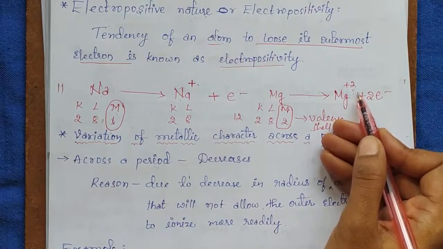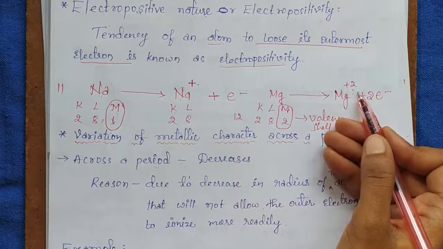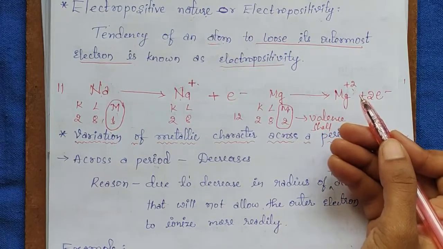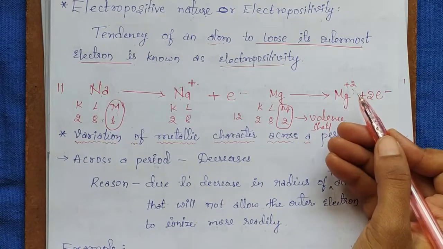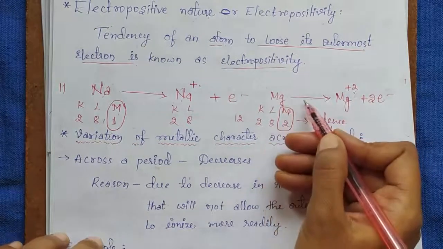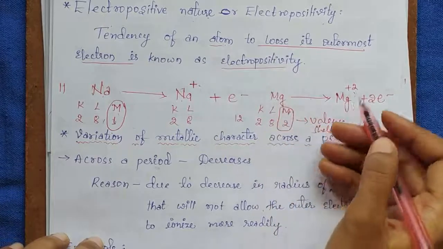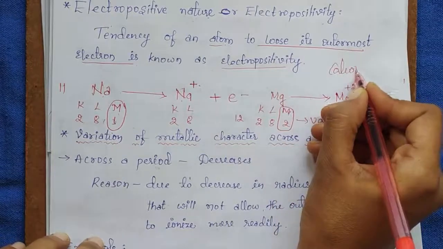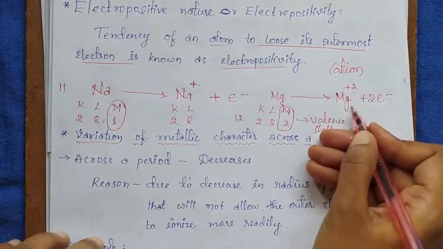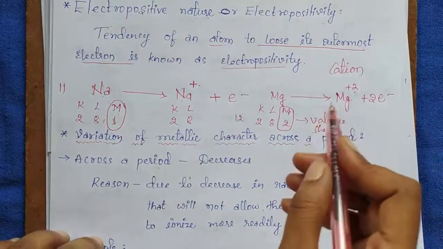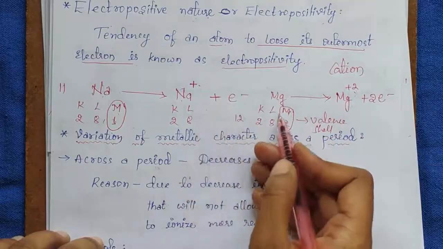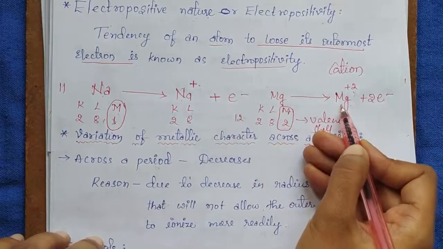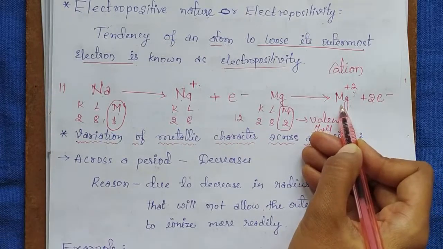If it loses 5 electrons, 5 positive charges. So whenever a neutral atom loses an electron, the neutral atom is converted into a cation. Cation is formed.